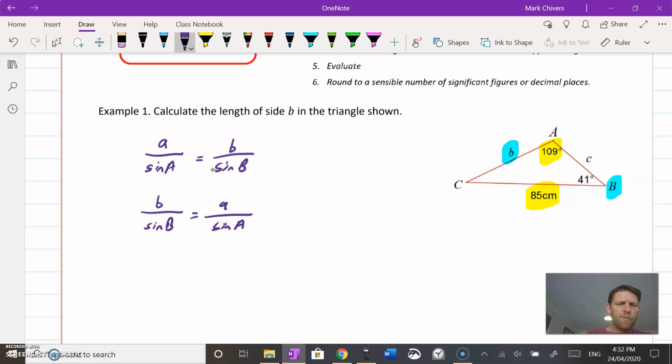Okay, so if we start filling in the details, B, we don't know, that's the side that's not given, but we know that the angle B is 41 degrees. And we know that the length of side A, the side that is opposite angle A, is 85. And that's got to be over sine of the angle A, which is 109 degrees.